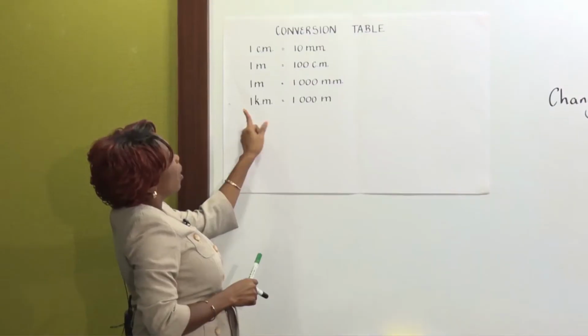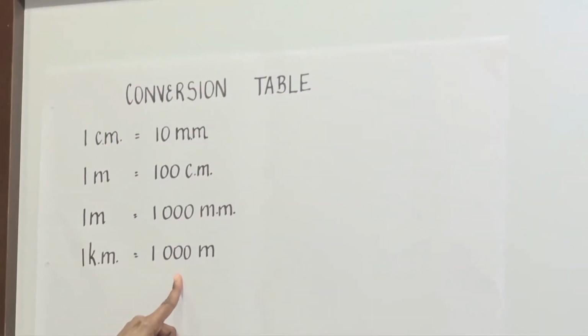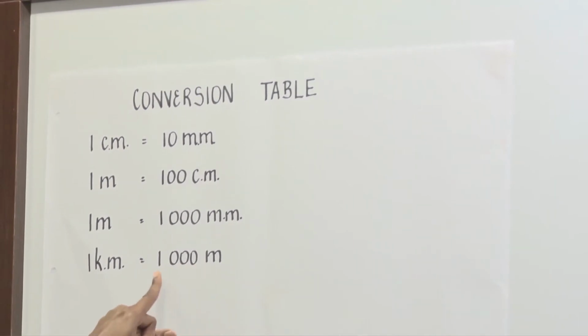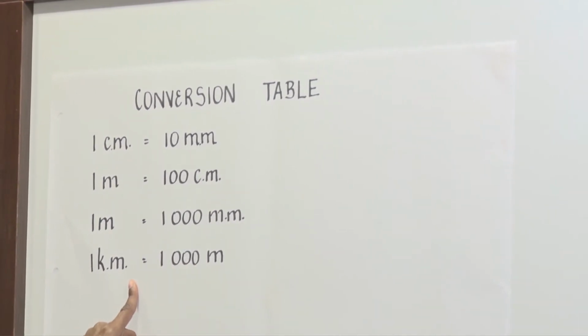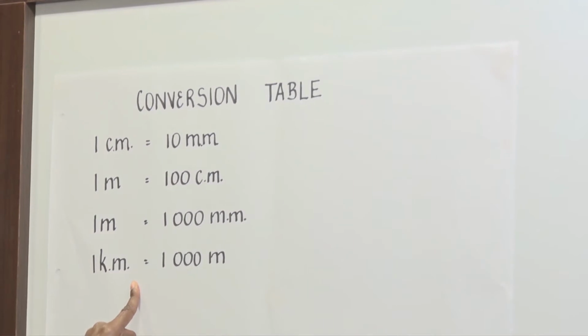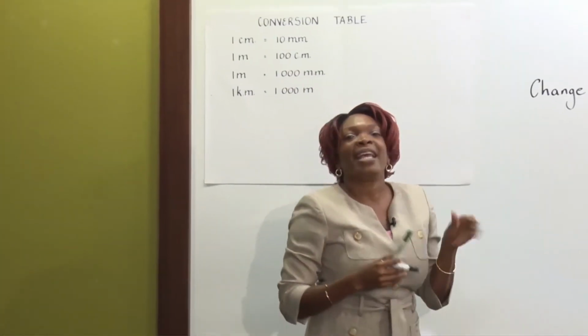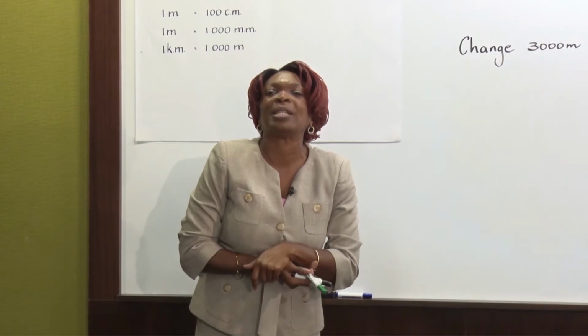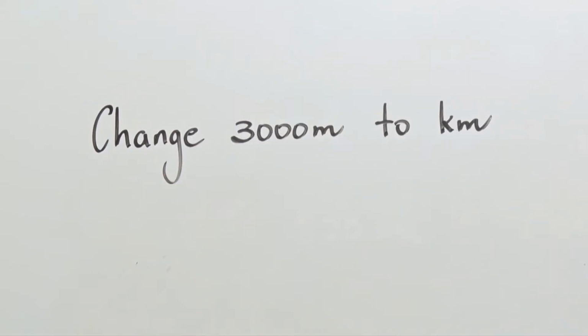If you notice, 1 kilometer is equal to 1,000 meters. So in other words, we can say 1,000 meters is equal to 1 kilometer. It's the very same thing. So if 1,000 meters is equal to 1 kilometer, then 3,000 meters will give me how many kilometers? 3 kilometers.